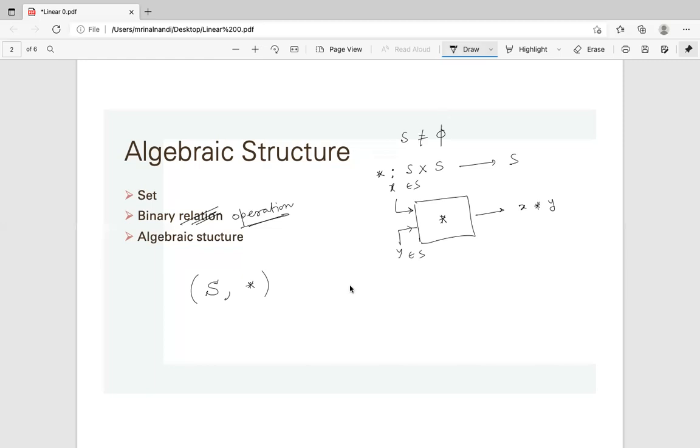The first relation, which some books write, is closure, but closure is already in the definition. Closure means: X belongs to S, Y belongs to S, implies X star Y belongs to S. That is the closure property. Some authors list it, but closure is just part of the definition. Once I say it is a binary operation, it is automatically closed.